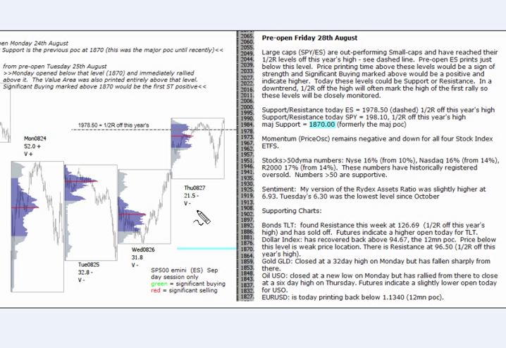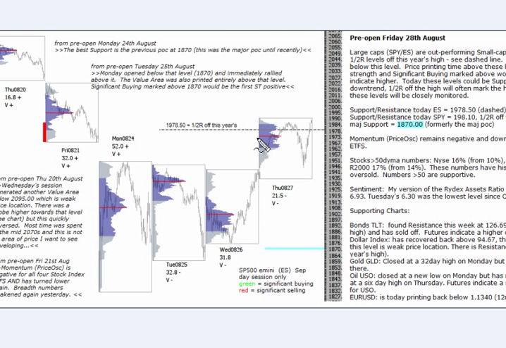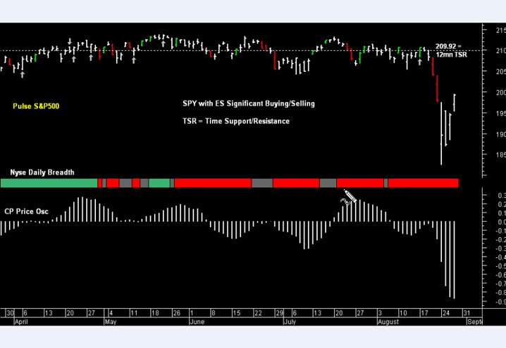Other positives would be, for instance, here on the profile chart, it would be good to see some green, some significant buying, especially above that level, that half range. We've come an awfully long way back here without, thus far at least, marking significant buying, which would be indicated with a green color, as you know. And another positive would be this central line here, the daily breadth indications, turning back to green like it was over here.